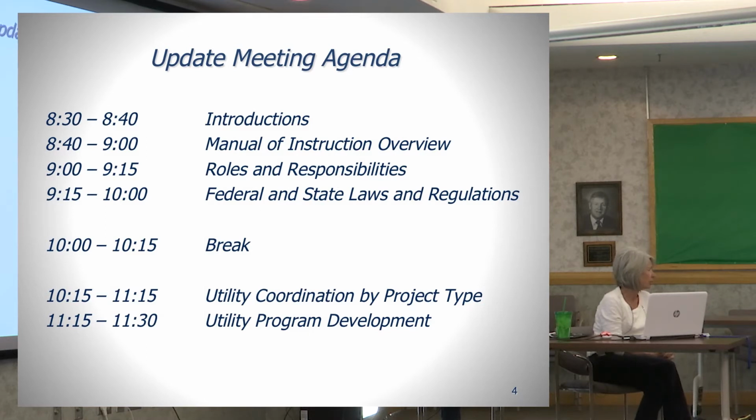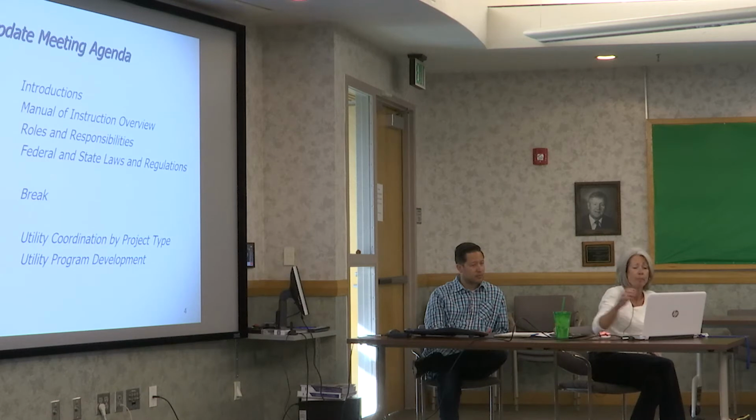And then we're going to take a little break, and we have an FHWA video about utility coordination and utility certification that we'll show after the break. We'll spend some time talking about utility coordination information by project delivery method, and also Garrett's going to take a few minutes and talk about what's on the horizon for the utility program.